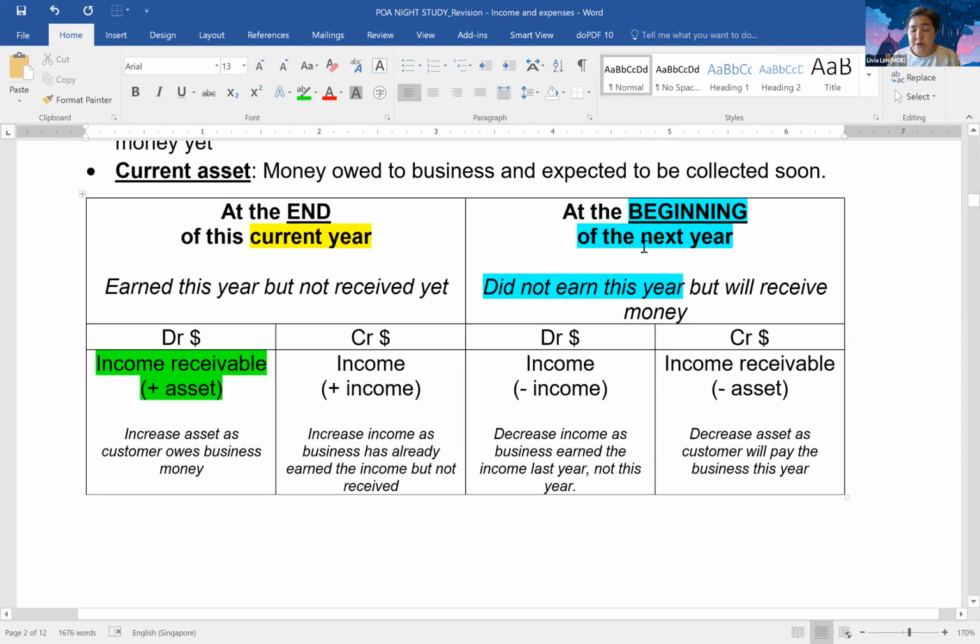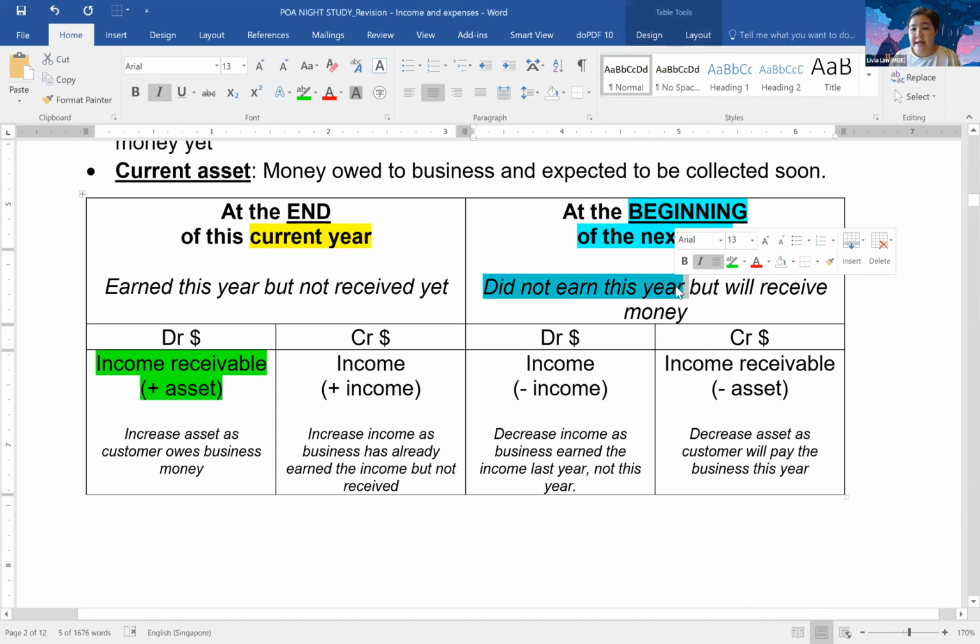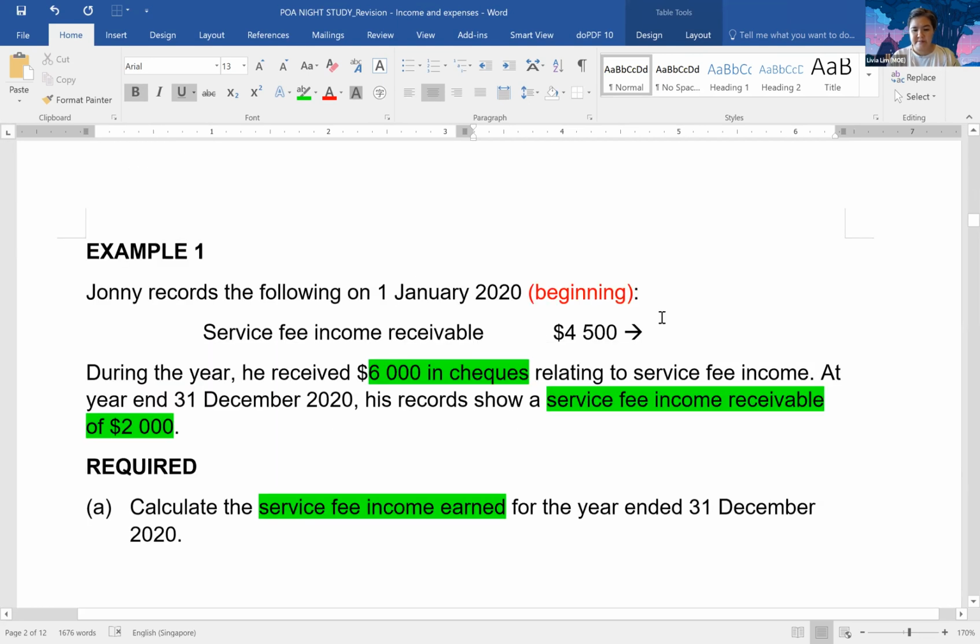When it is a service fee receivable, actually I never earned the money this year. When did I earn this money? Actually, I earned it last year, at the end of last year. It's just that at the beginning of the year, it's still sitting in my accounts. I did not earn this money this year.